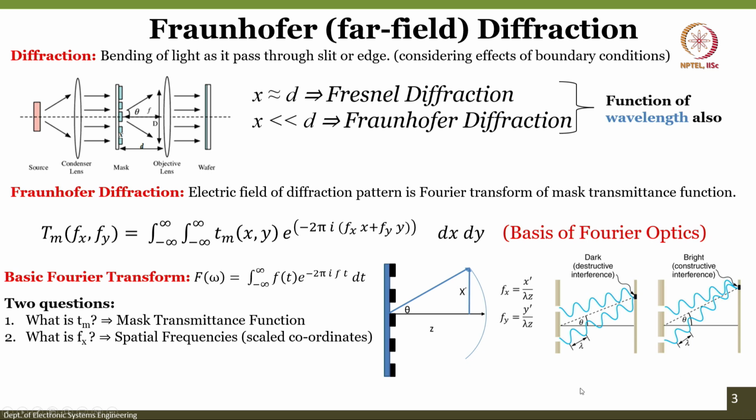And this is just to brush up the basics, what we mean by destructive or constructive interference. This entire game depends on how much optical path difference there is in terms of your lambda. So if it is n lambda, a full cycle, you will get a very nice constructive interference, a bright spot there.